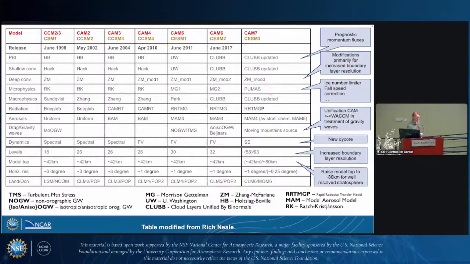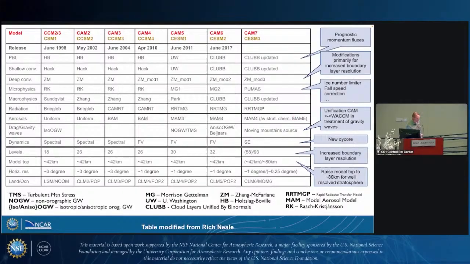Last we looked at climate sensitivity, I think it's those changes that reduced climate sensitivity compared to CESM2. The radiative transfer model has been updated, but it's still RRTMGP. We're using MAM4 aerosols since we have specified oxidants, but if we run with stratospheric chemistry, it's MAM5 that's active.